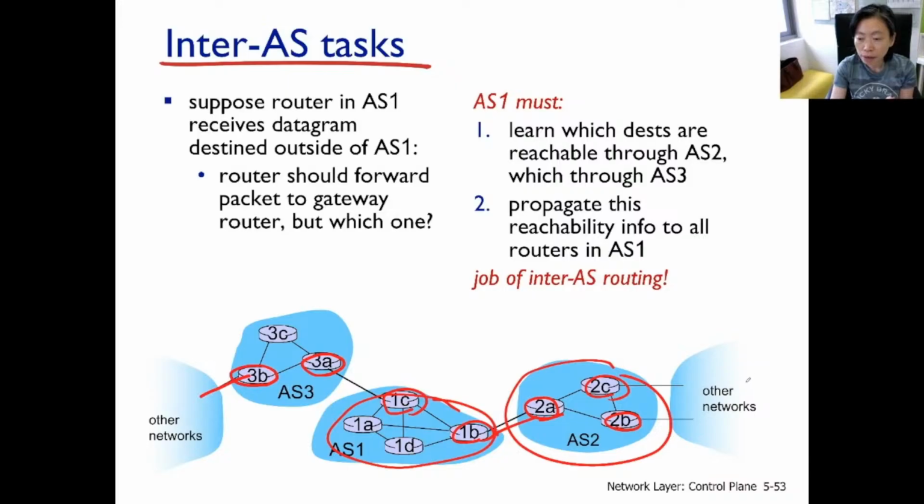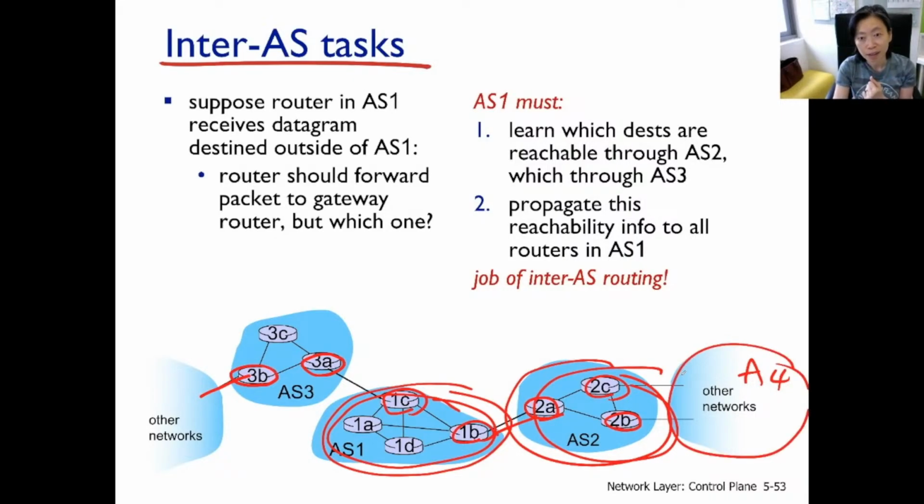Now, if there is another AS here, AS4, for example, then the shortest path might be to go from AS1 to AS2 and then AS4. So these gateway routers will maintain the shortest path, but in terms of what is the next AS to the destination AS, what is the next AS to the destination network. Okay. So we might have another AS here, AS5.